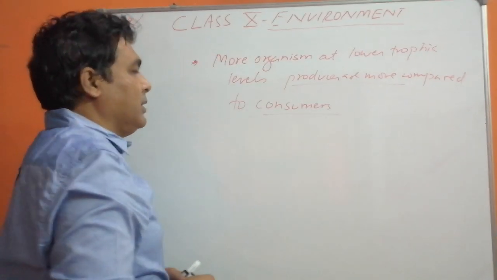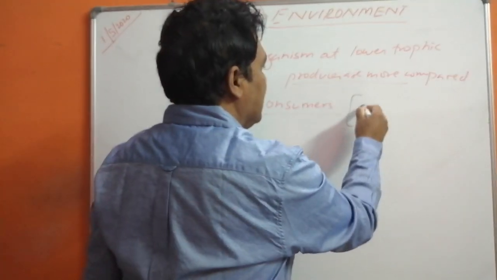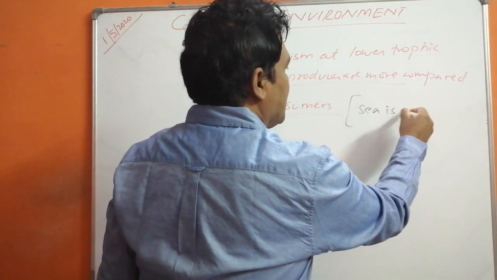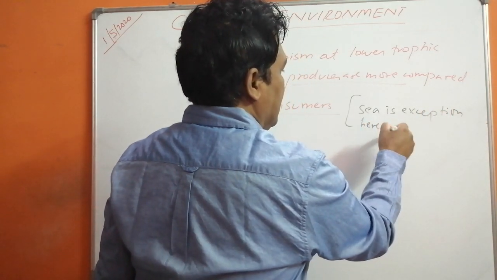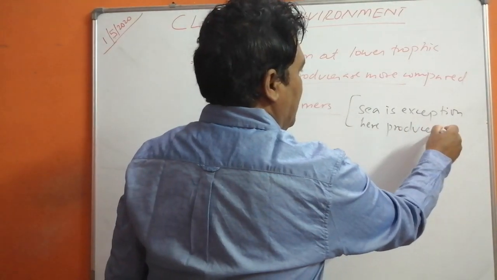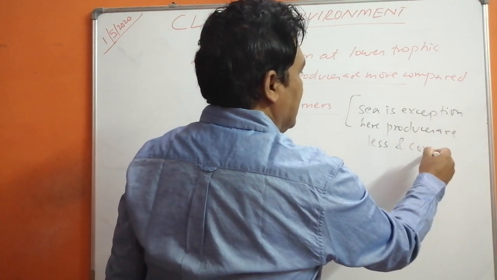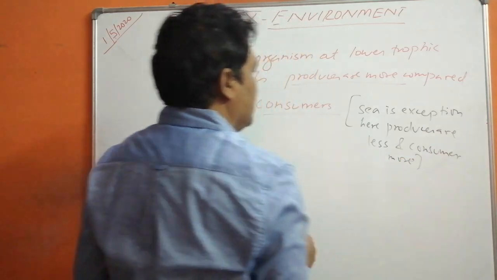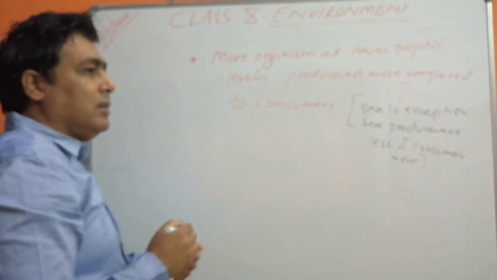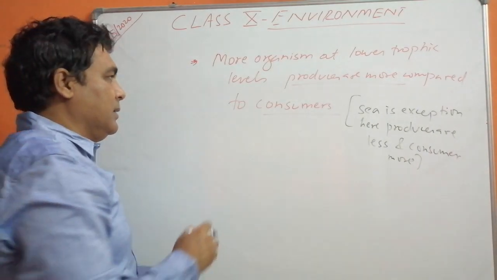This is an important case. But in the case of the sea it is an exception. Here producers are less and consumers are more. Apart from that, on land we will always find that there are more producers than consumers.